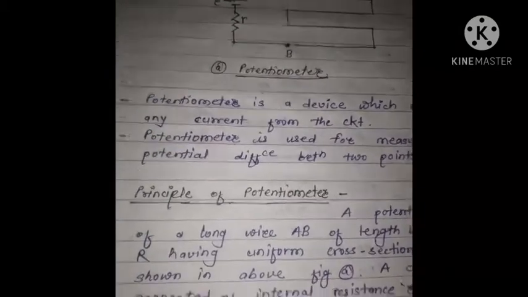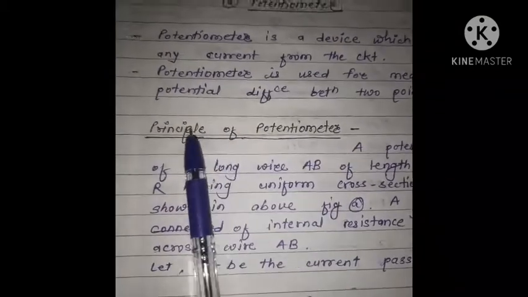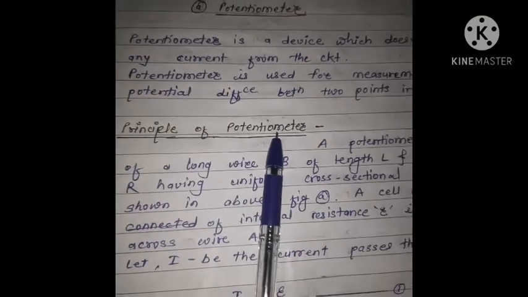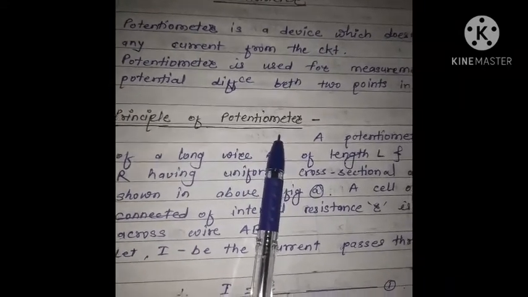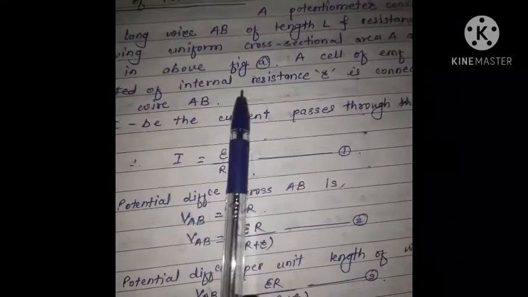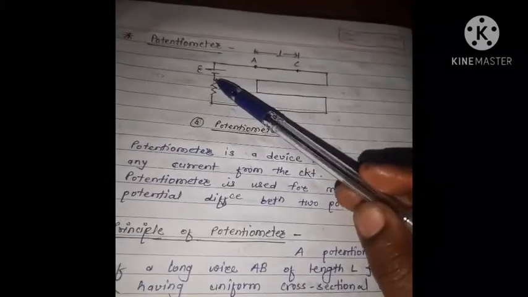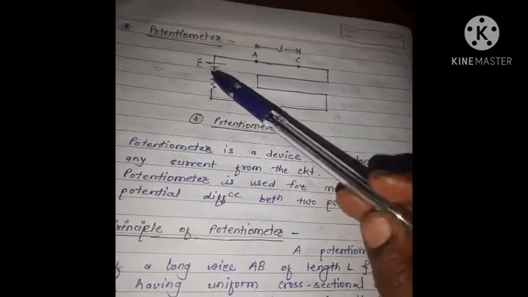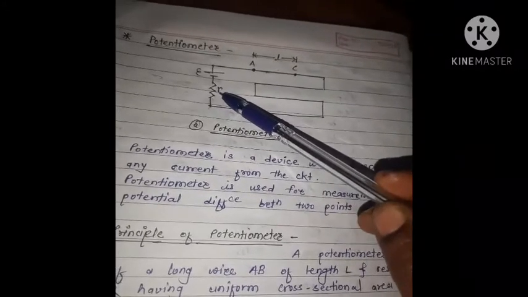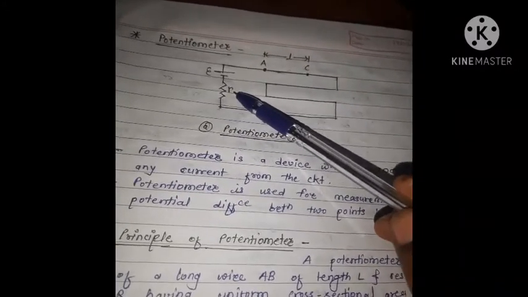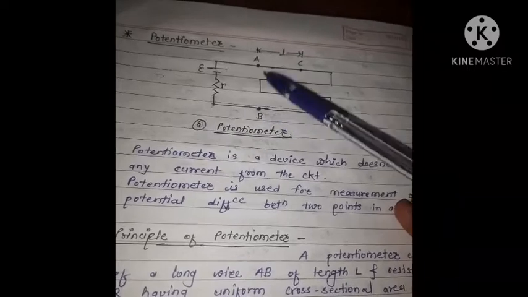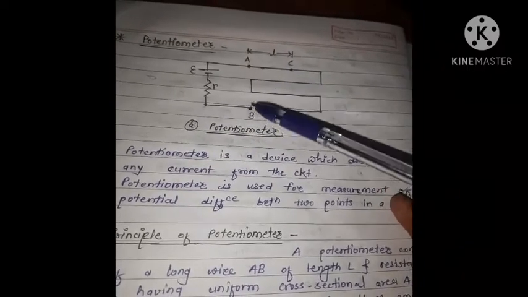Now we will see principle of potentiometer. Suppose a cell of EMF E and internal resistance small r is connected across wire AB.